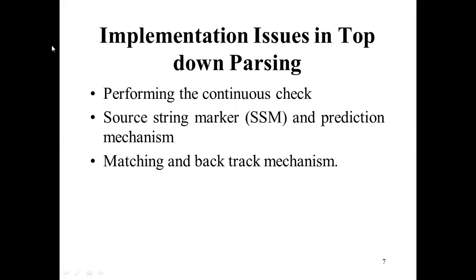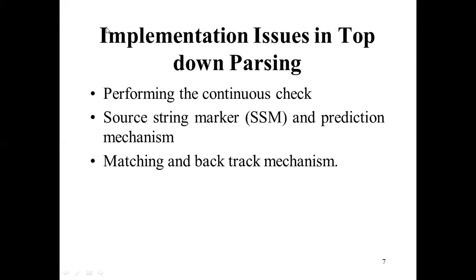Here an input string will be provided to you, and after that you have to match what type of output you want to achieve. So we use the prediction mechanism with the help of the SSM, the source string marker. It is a sort of pointer.